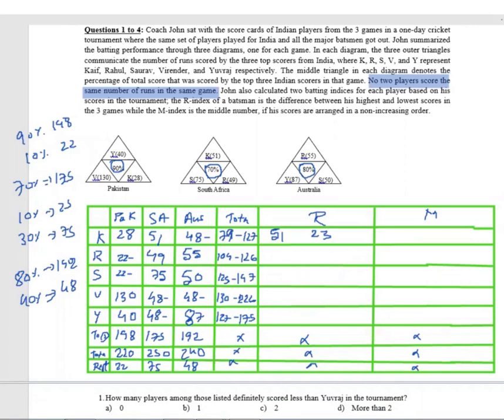How many of the players among those listed definitely scored less than Yuvraj in the tournament? Yuvraj's minimum score is 127. If you look here, the minimum score is 127, and Rahul's maximum is 126.